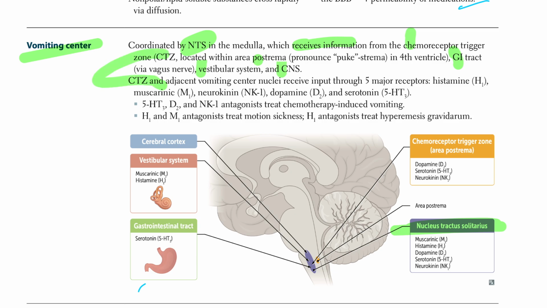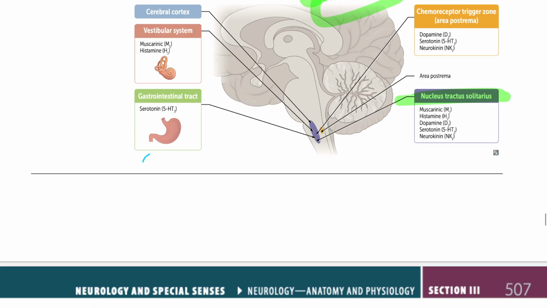Now this CTZ receives input from 5 major receptors: H1, M1, NK1, D2, 5-HT3. You have to give the antagonists to stop the vomiting. For chemotherapy-induced vomiting, you can give 5-HT3, D2, and NK1, and H1, M1 for the motion sickness. H1 specifically for hyperemesis gravidarum, and that's all for the vomiting centers.